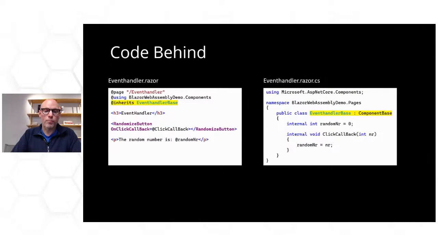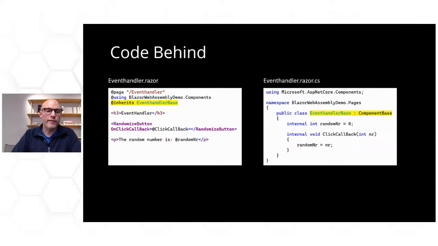Every example I've shown has the code block together with the view, which sometimes is nice. When it's a bit more code, it might be nice to have it in a separate code file. So we can have code behind files, just as we could in web forms and MVC views.